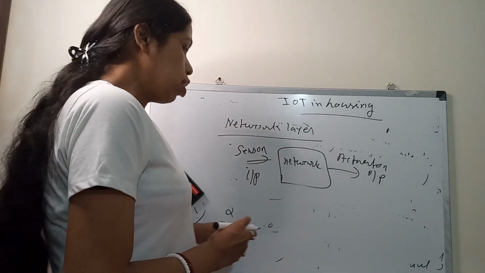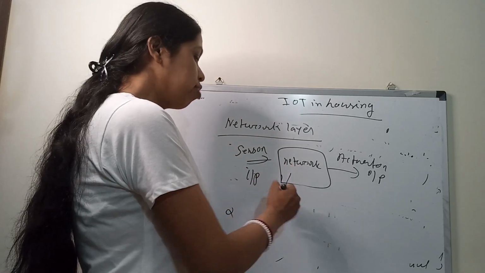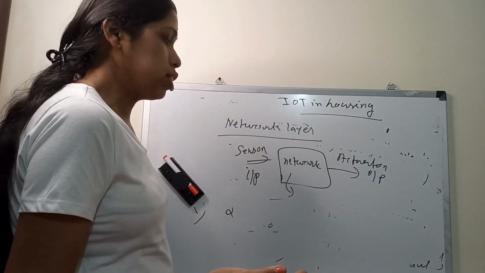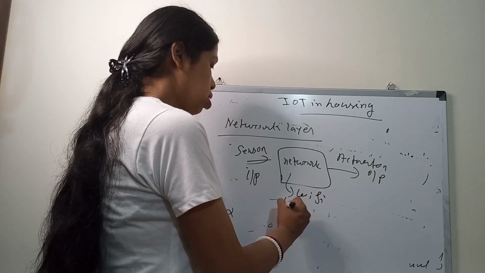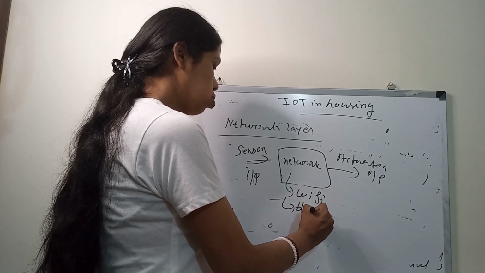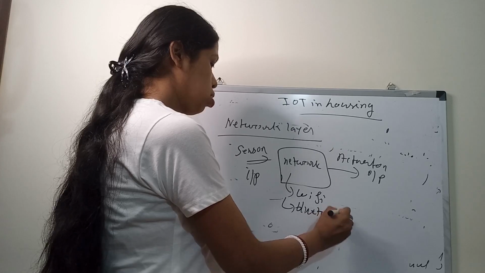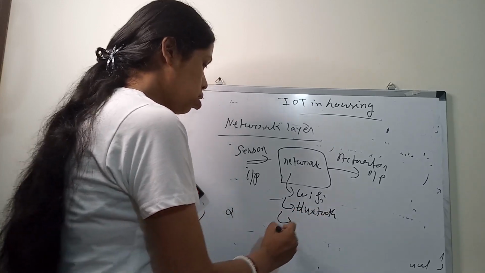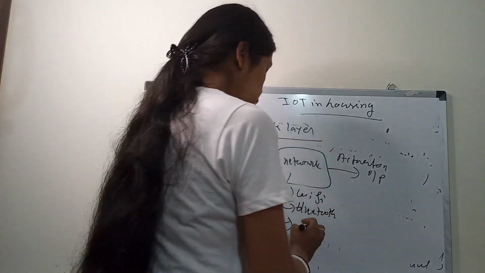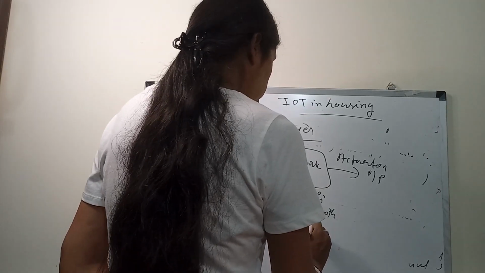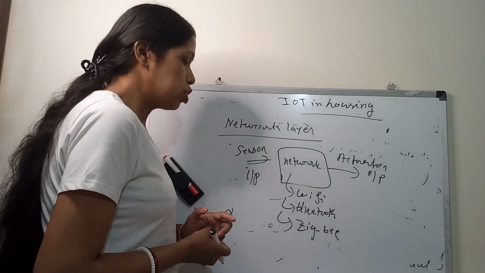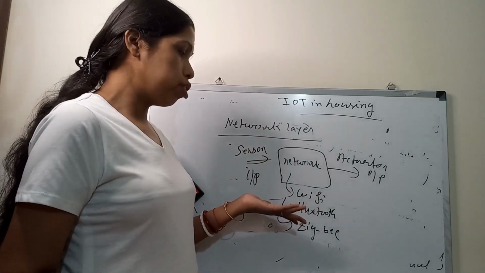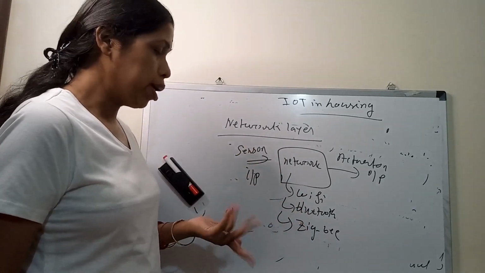In this network layer, normally in every application, Wi-Fi and Bluetooth, these two you can use, along with the ZigBee. In housing application also, based on your requirement, you can use either Wi-Fi, Bluetooth or ZigBee.